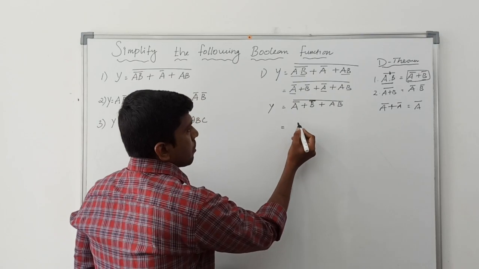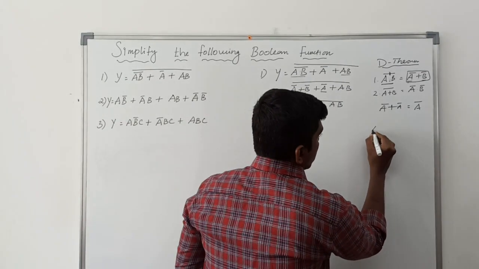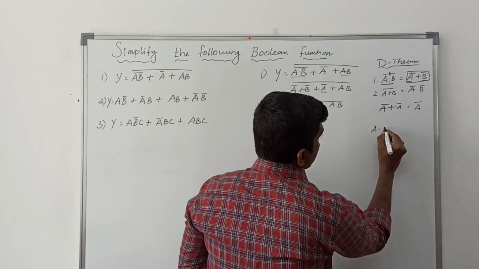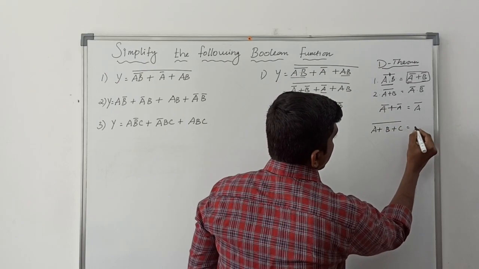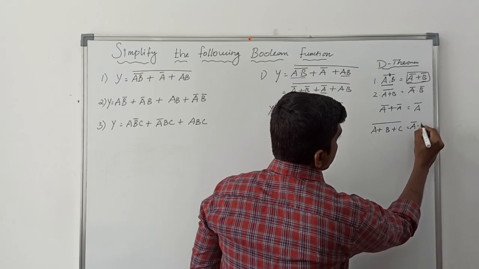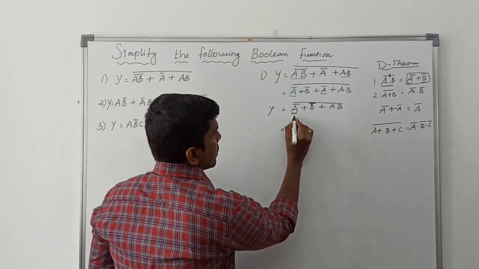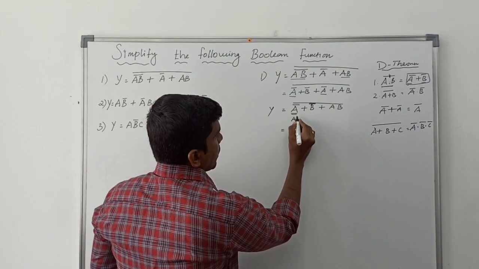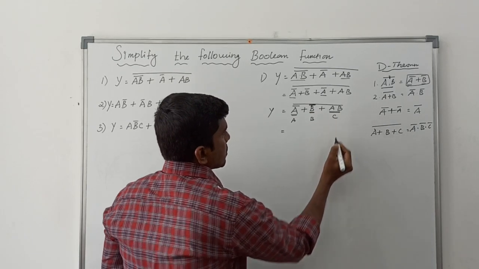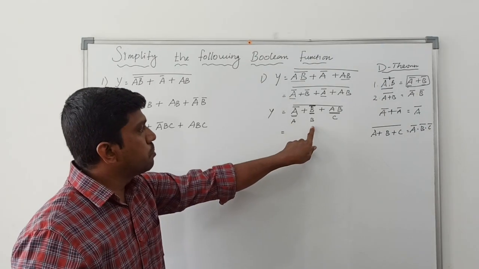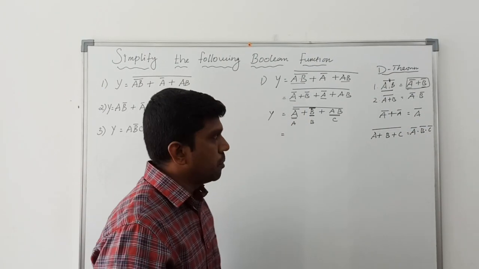Then I apply De Morgan's second theorem in this Boolean expression: (A plus B plus C) the whole bar equal to A bar dot B bar dot C bar. In this expression, this A bar is considered as A, this one considers B, and this one considers C.